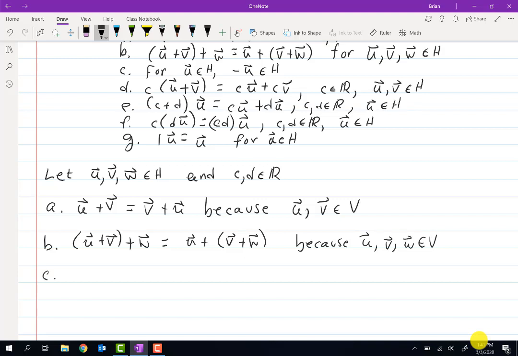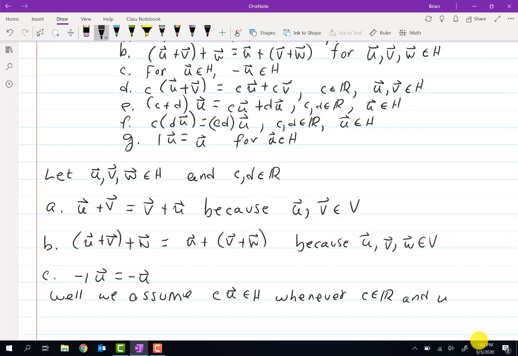For part C, we know the following here. -1 times U equals negative U. We know that from a past thing that we proved. Now, does this mean that this is in H? Well, we assume that CU is in H whenever C is in R and U is in H. So that's already assumed to be true.